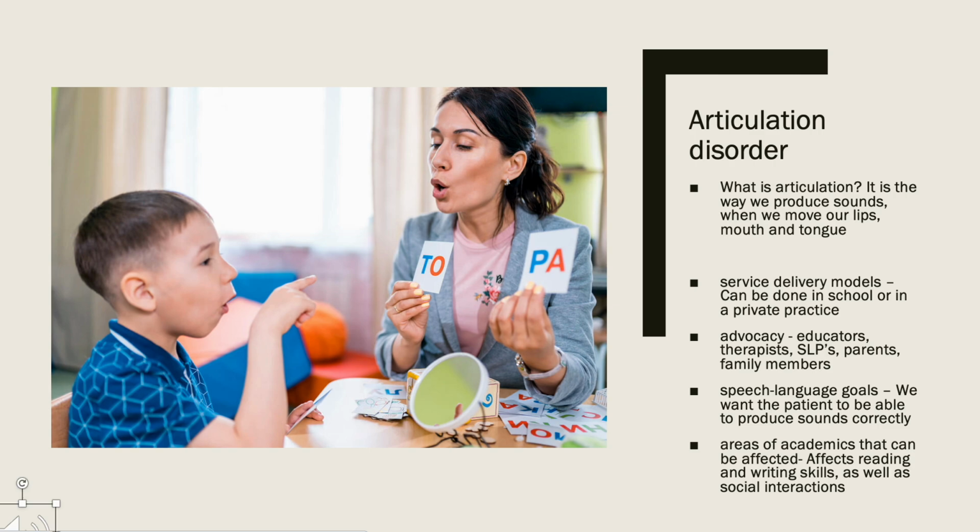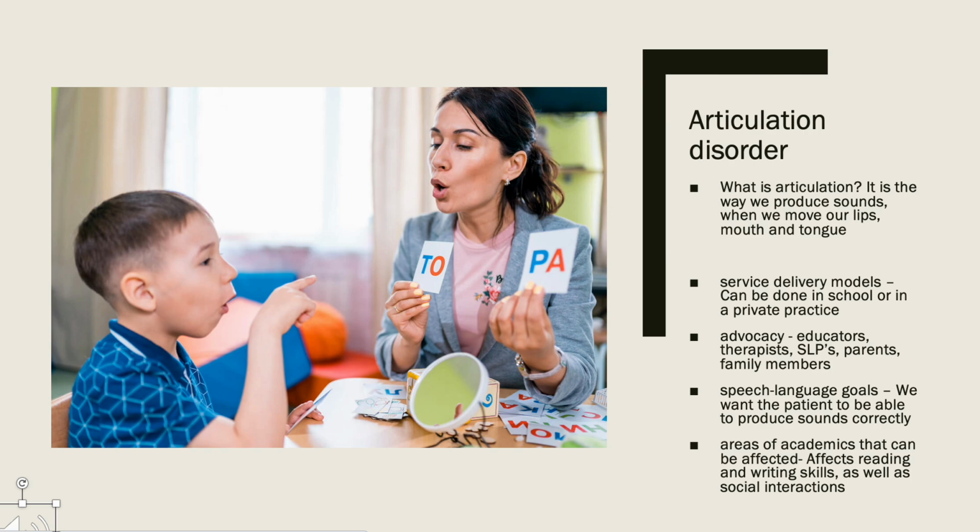Next is articulation disorder. What is articulation? It is the way we produce sounds when we move our lips, mouth, and tongue. The service delivery models can be done in a school or in a private practice. The advocacy can be educators, therapists, SLPs, parents, family members, even doctors as well.